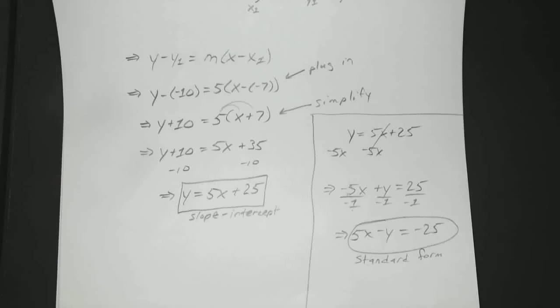So we've had two examples where they give you the slope and at least 1 point. Looks like everyone's done writing.